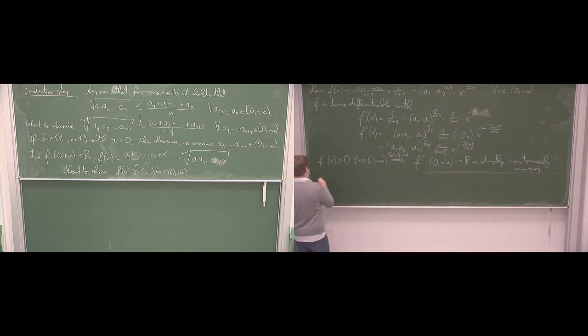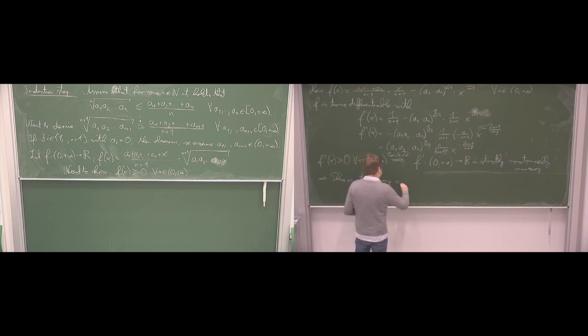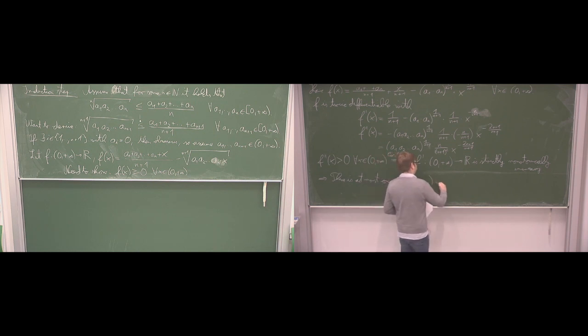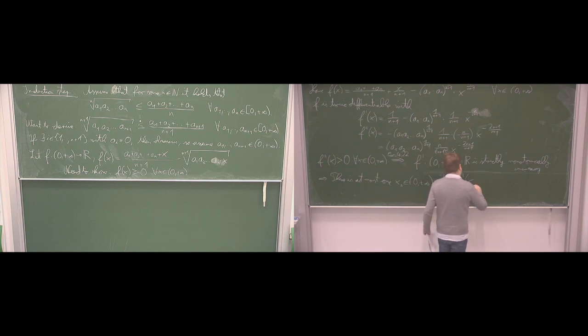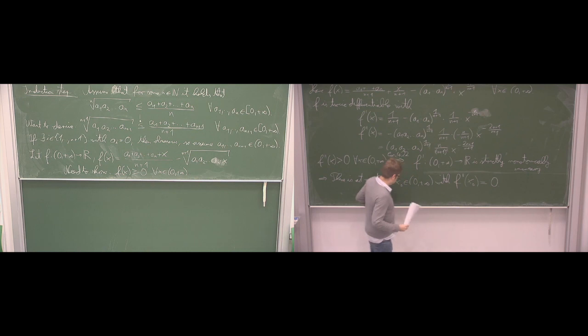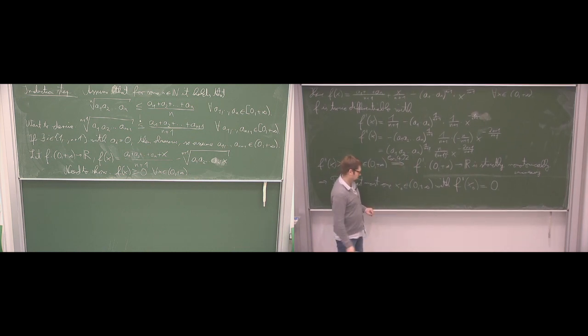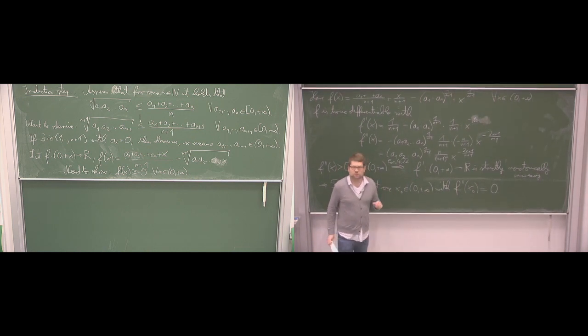So in other words, there is at most one x0 between 0 and plus infinity with f prime of x0 equal to 0. And we will see that there is indeed such an element x0 which plays this role, which we will explicitly compute after I erase the board.